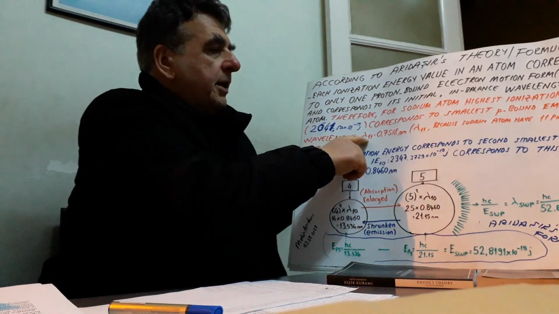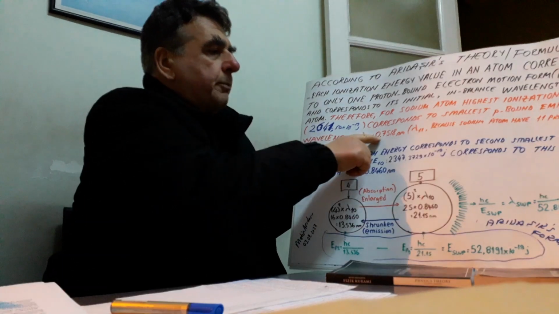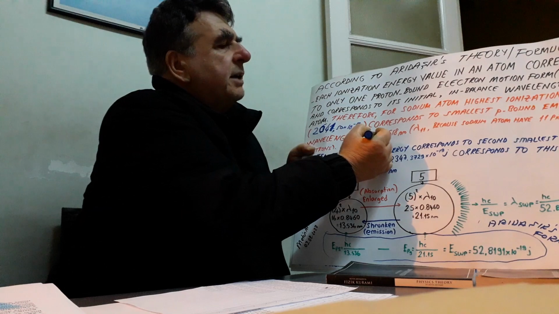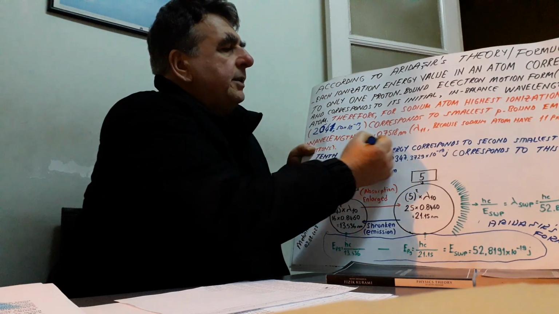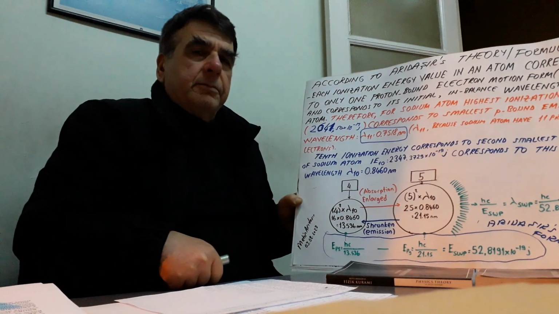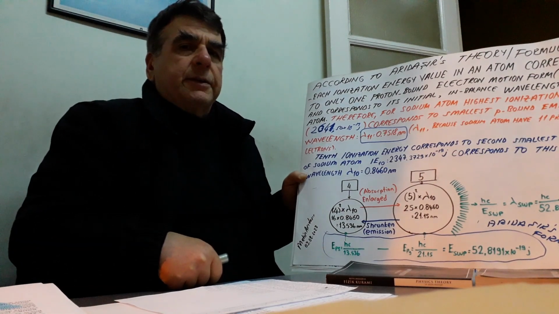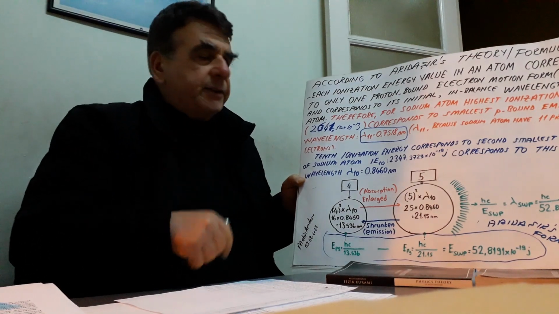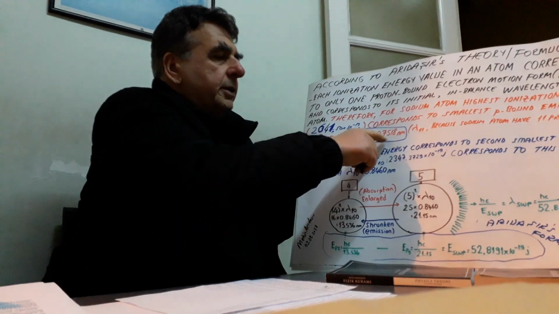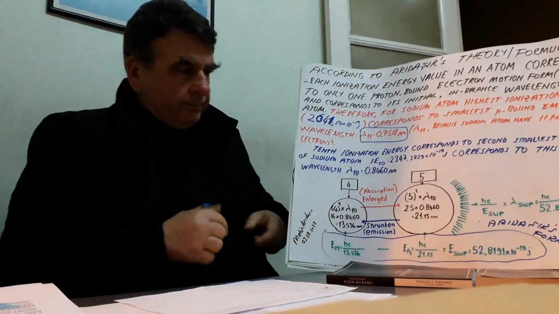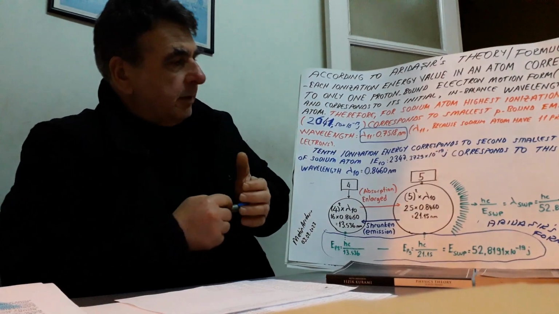Wavelength lambda 11 is equal to 0.7518 nanometer in the sodium atom. The smallest electron's initial imbalance wavelength is 0.7518 nanometer. Okay.